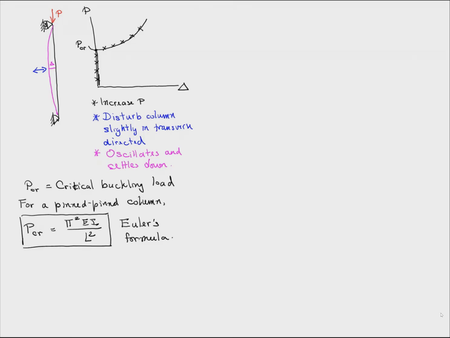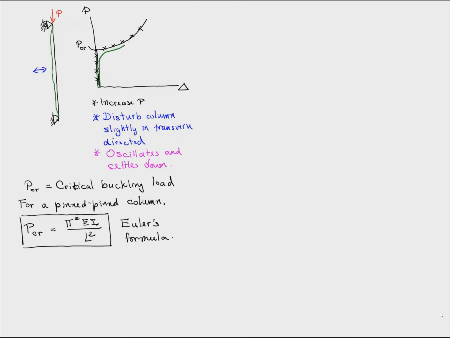Now, if the column were not perfectly straight to start with, and if there were some slight imperfection, as shown here, then this curve in the P delta space isn't like this, but as soon as we start applying the load, the column will start to bend.